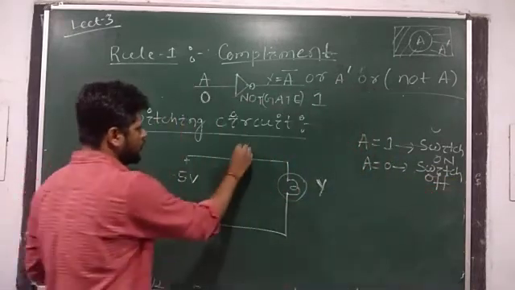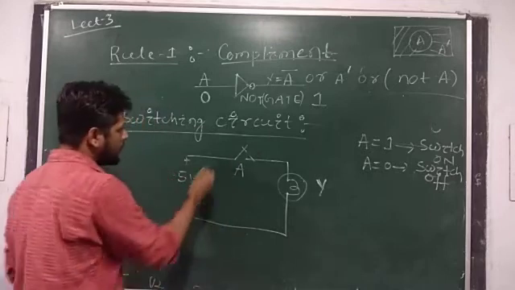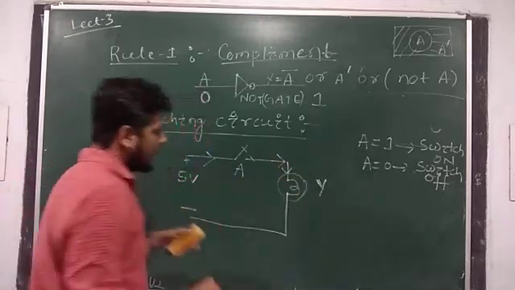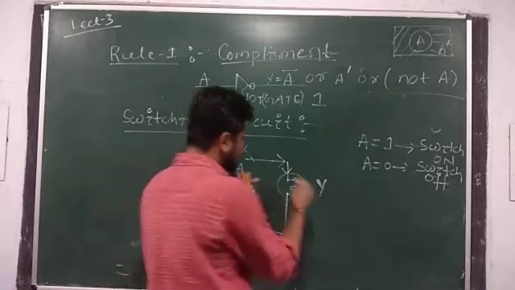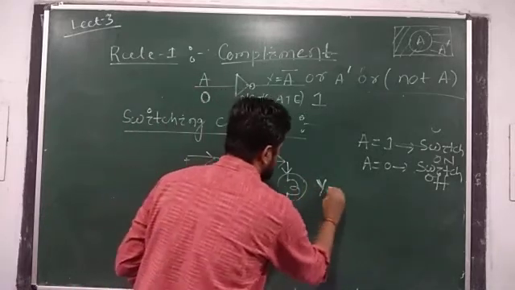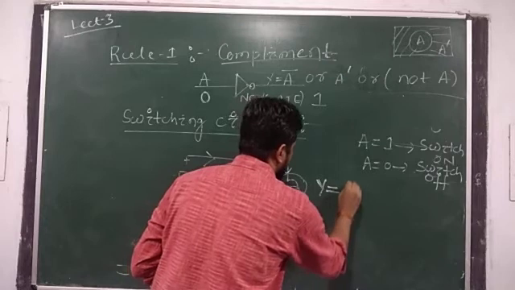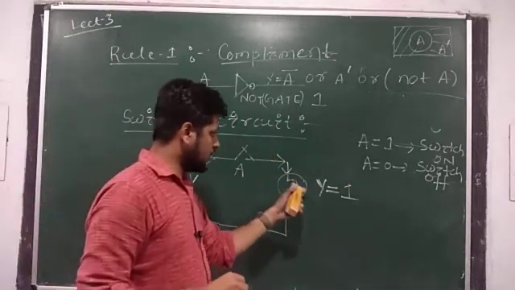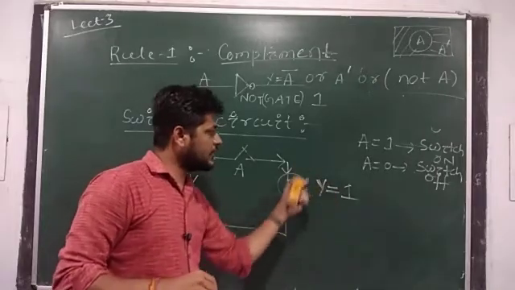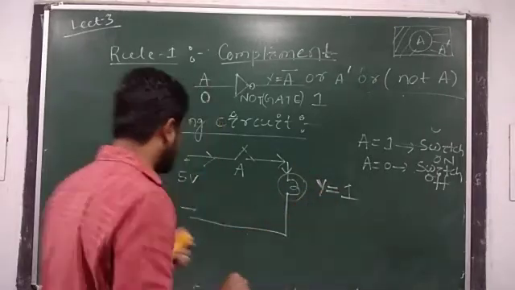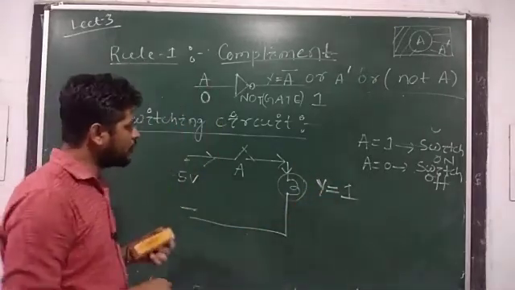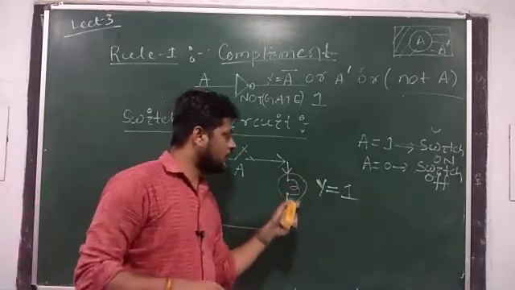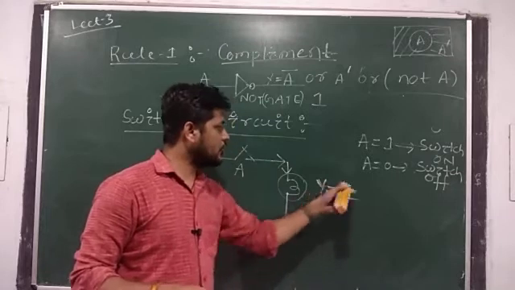So when this switch is closed, what will happen? Obviously the current will flow and reach the bulb, and the bulb will glow, that is, the bulb will be on. Then we represent that logic in digital as Y is equal to 1. When this switch is open, that is A is equal to 0, at that time the bulb will be off, that represents Y is equal to 0.